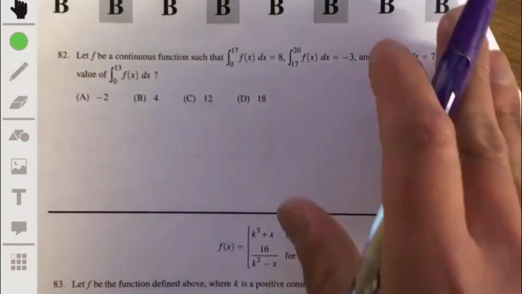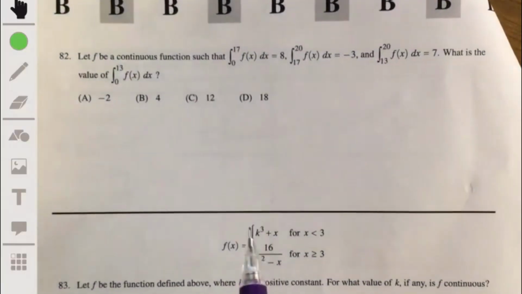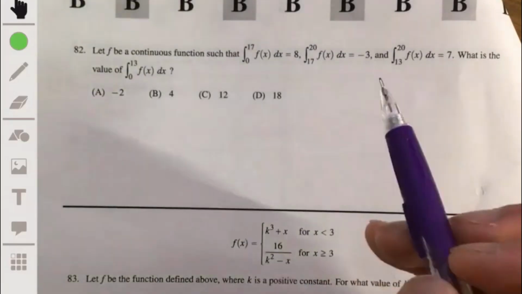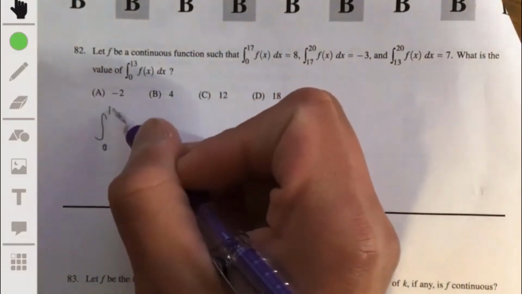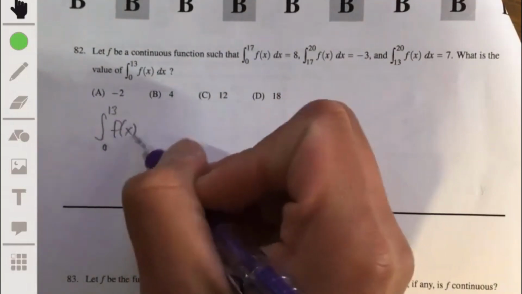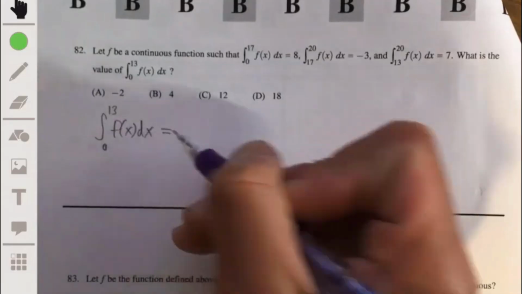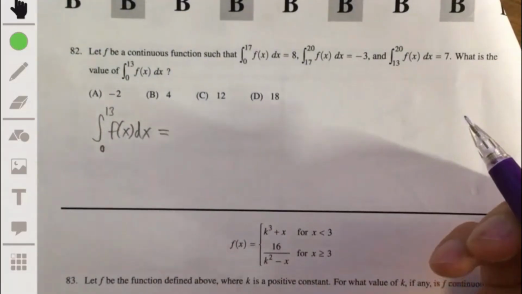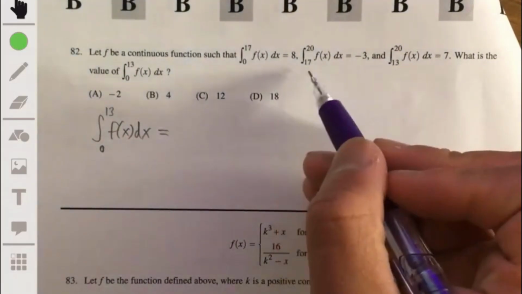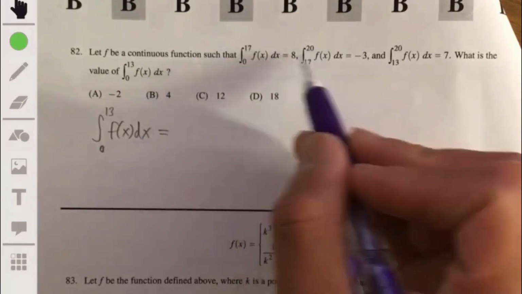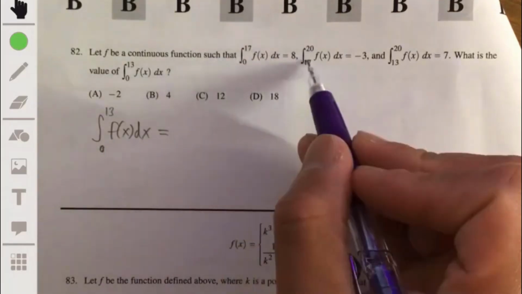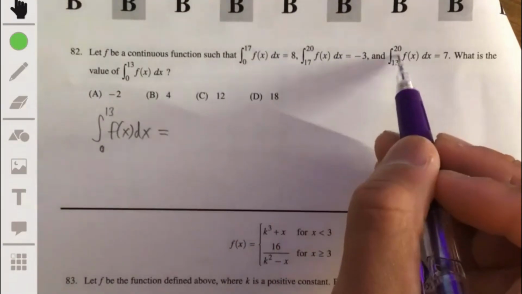Okay, so you just have to be clever with your integral setup. If you want to find the integral from 0 to 13 of f of x dx, you want to add these up to get the integral from 0 to 20, and then subtract the 13 to 20 part.